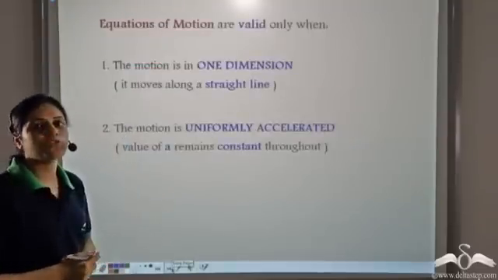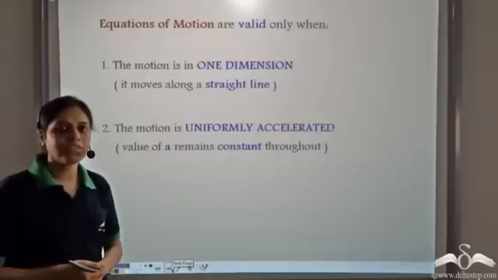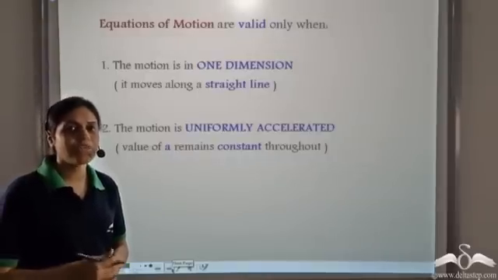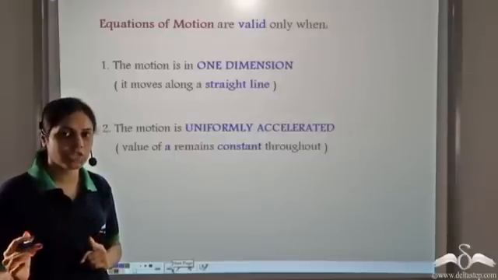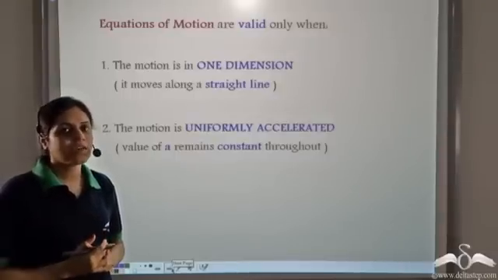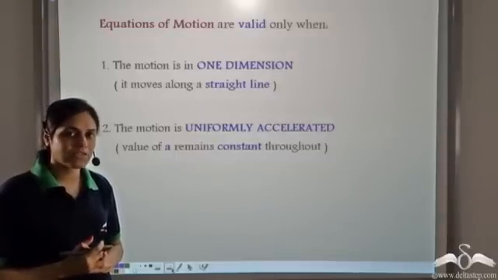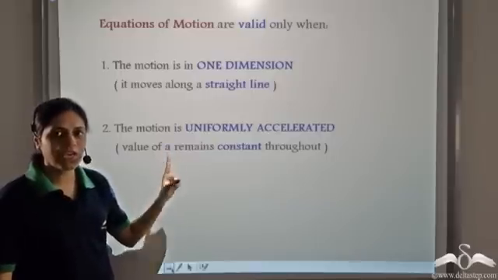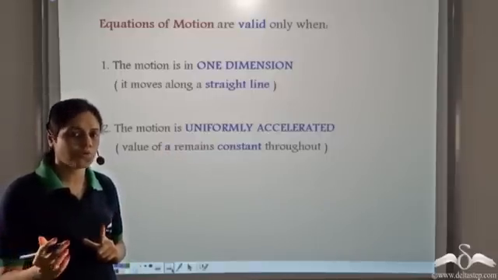Now, equations of motion are valid only when the motion is in one dimension, that is, the body moves along a straight line, and if the motion is uniformly accelerated, that is, the value of a remains constant throughout.